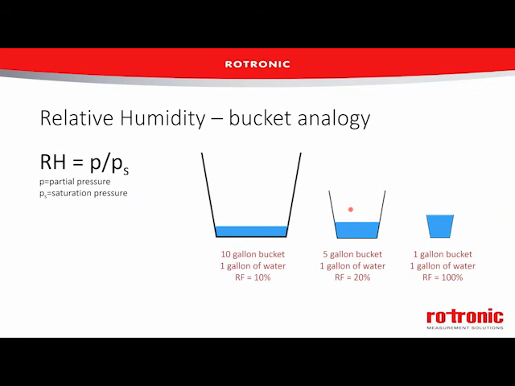Now we have the same amount of water in a 5-gallon bucket, a 20% fill. If we continue to reduce the size of the bucket, analogous to cooling the air, the bucket size changes, and now we've got 100% relative fill. All that time, the absolute amount of water did not change, but the relative fill did.